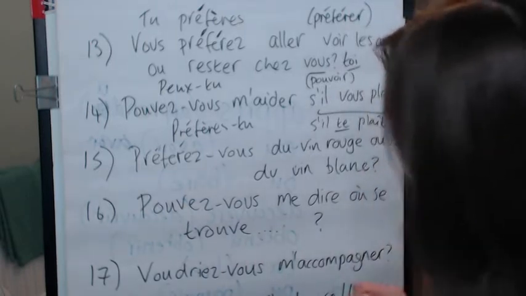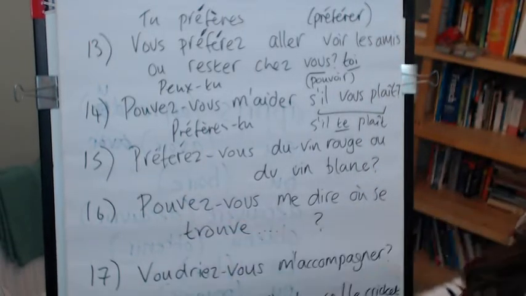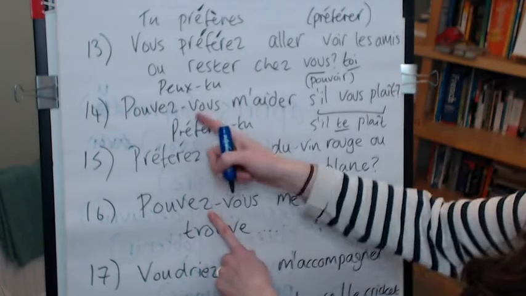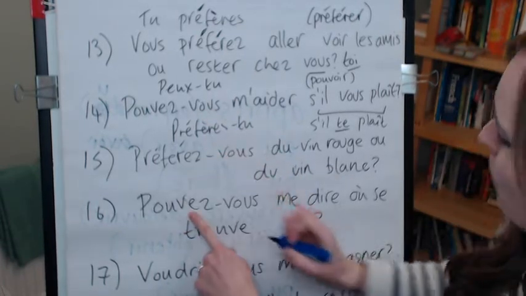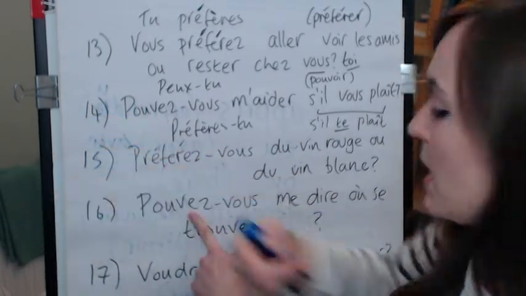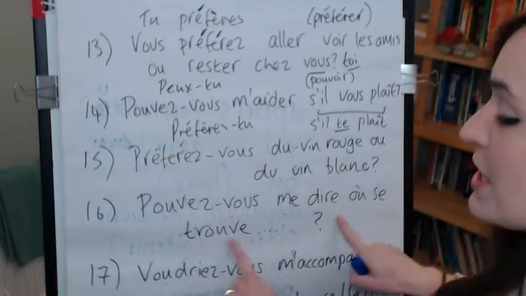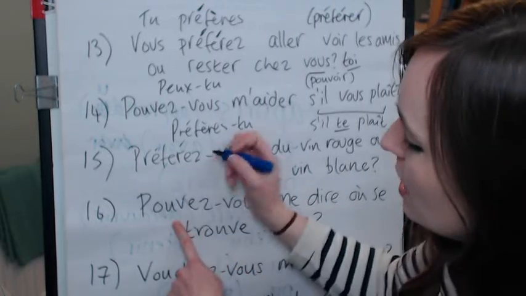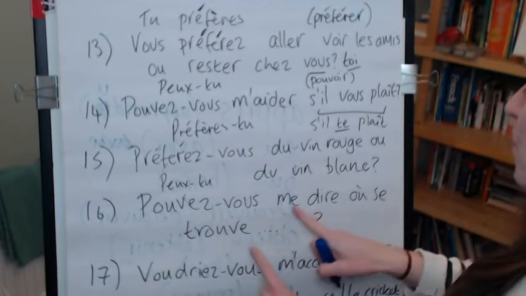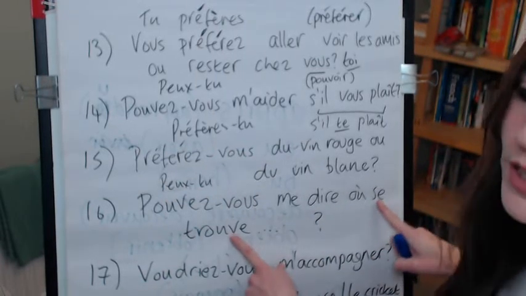For me, anyway. Pouvez-vous? Again that's the verb pouvoir, to be able to. Are you able? Can you help me? Can you tell me where to find? That's what this is. Peux-tu me dire où se trouve?